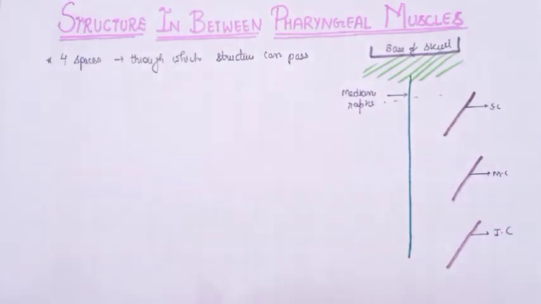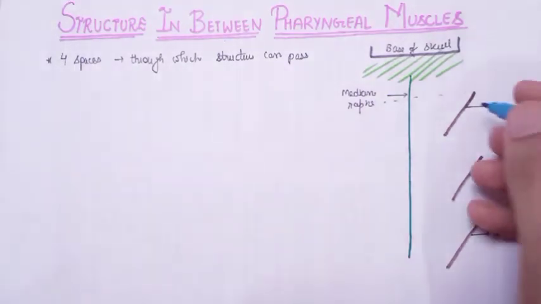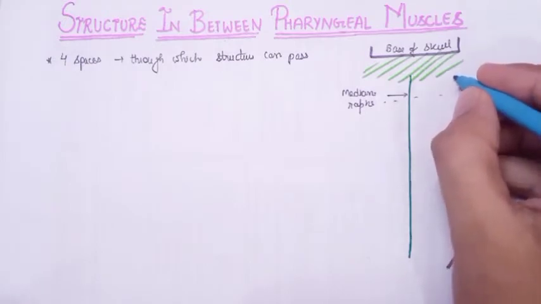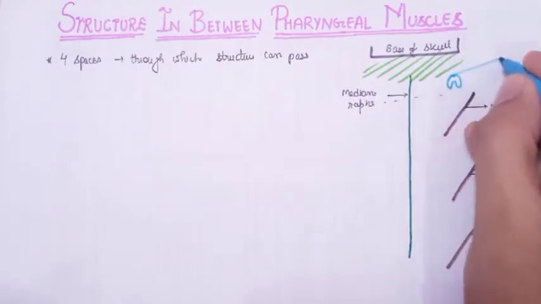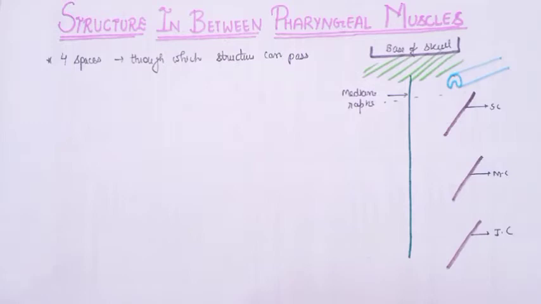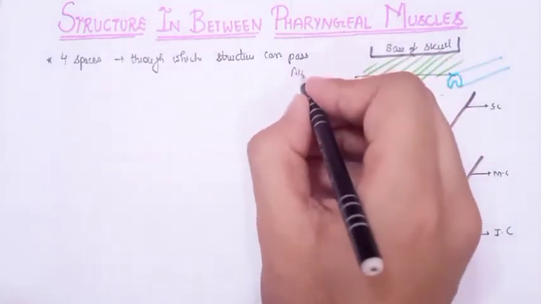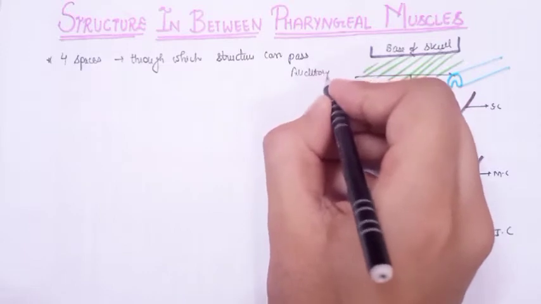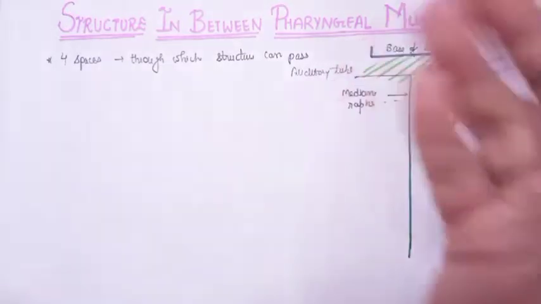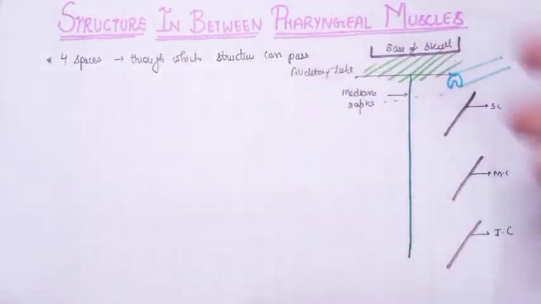Let's draw some other important landmarks as well. Above the superior constrictor we have a tube that is called the auditory tube. As we are viewing from the posterior side, on the anterior side in the upper part we will have the tongue.